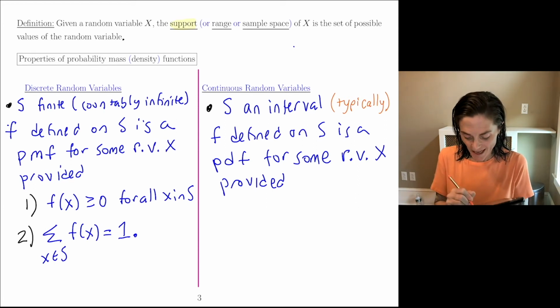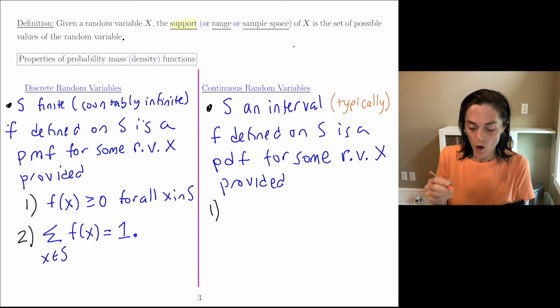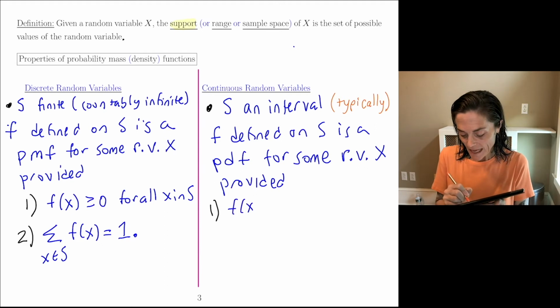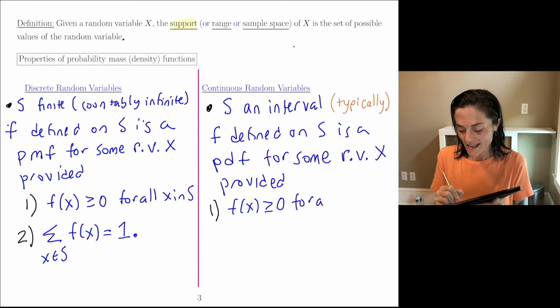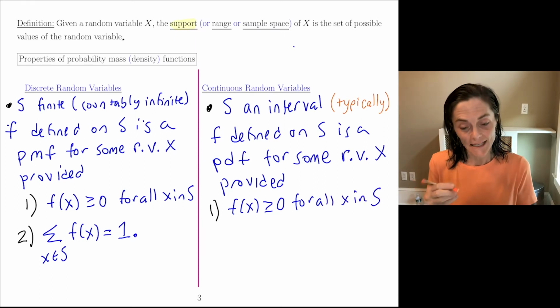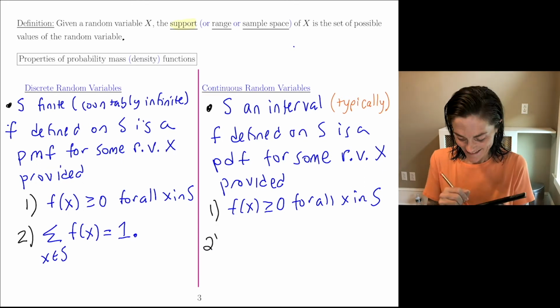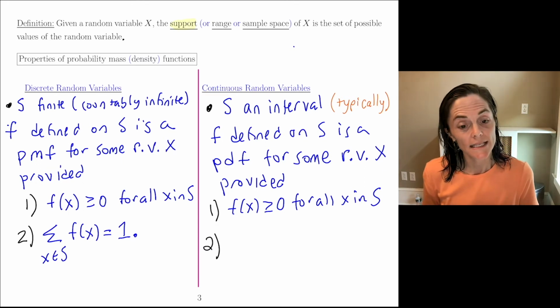So the first thing actually looks the same. We need the function to be non-negative for all x in S. But the second one, this is where things change.